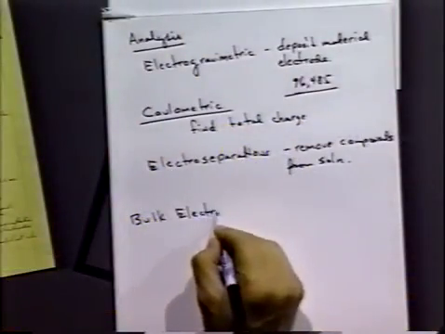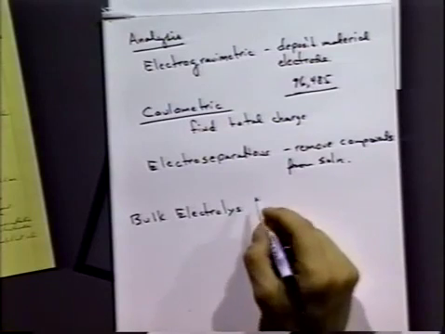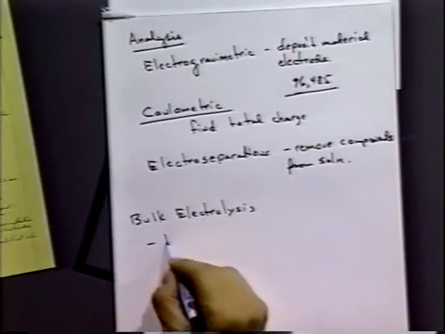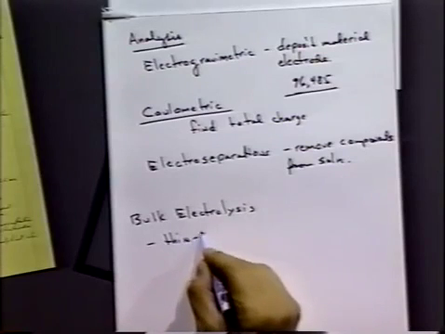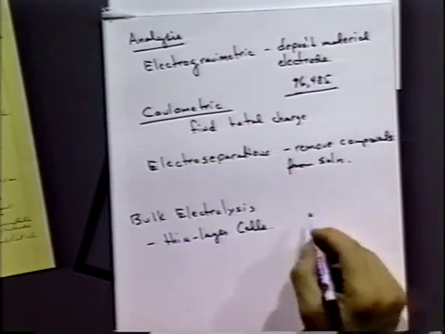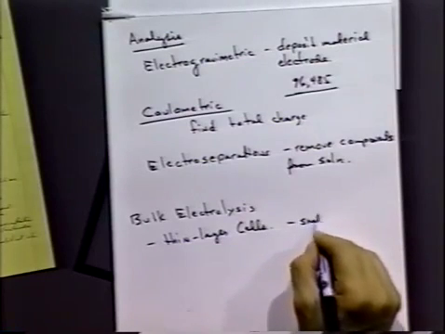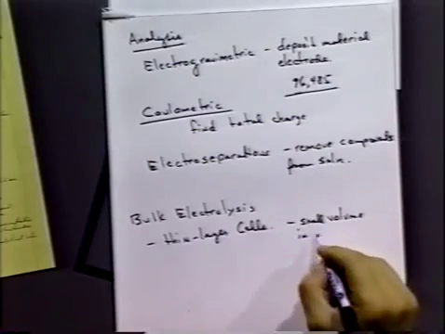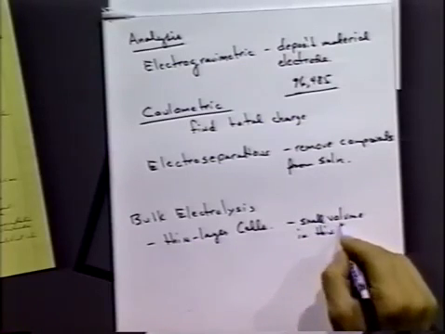In bulk electrolysis, as I said, the advantage is to use small volumes, large area. And so one of the things that people often use are thin layer cells. You use a nice small volume in a very thin layer.